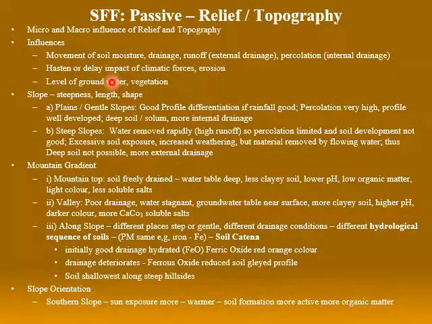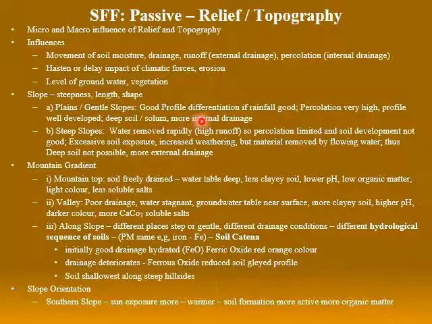Now, topography also influences the formation of soil in any region, the soil profile, because firstly the steepness of the slope is very important. In plain, gentle slopes there is time for water to percolate and result in profile development.